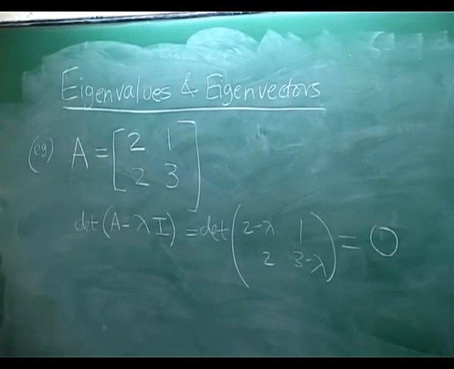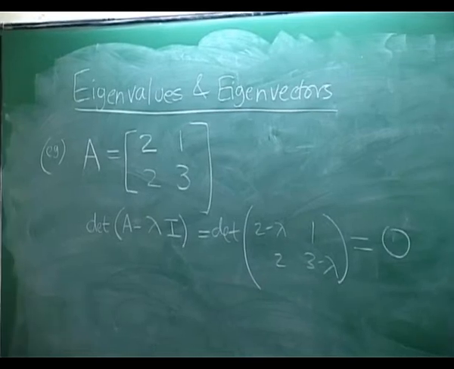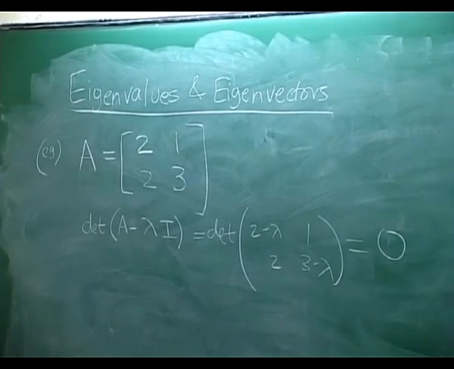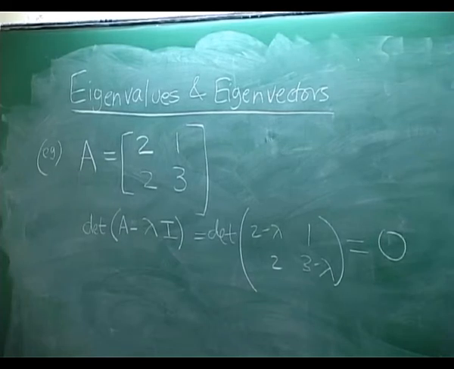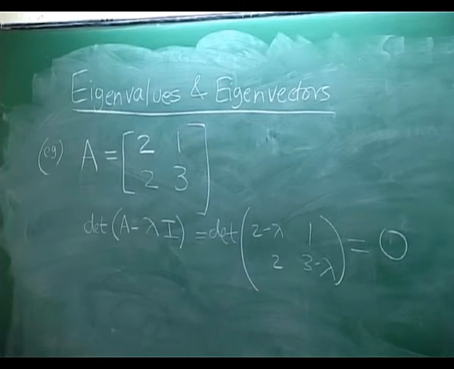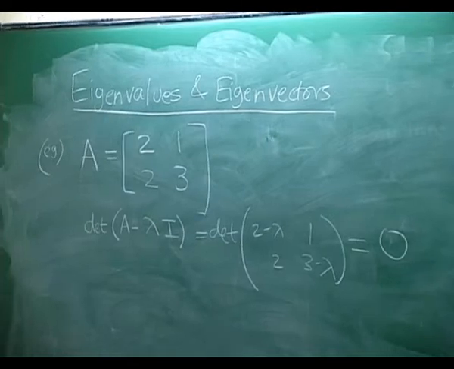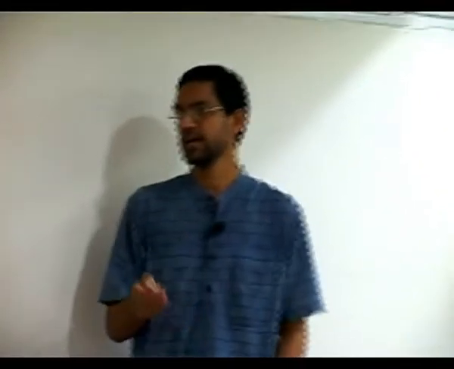Okay, so maybe just before we actually finish the calculation, what does the determinant being 0 imply? What does it tell you about the resulting matrix? Suppose lambda is an eigenvalue, say lambda is 1. Then if I calculate the matrix A minus lambda times identity, what can I say about that matrix?